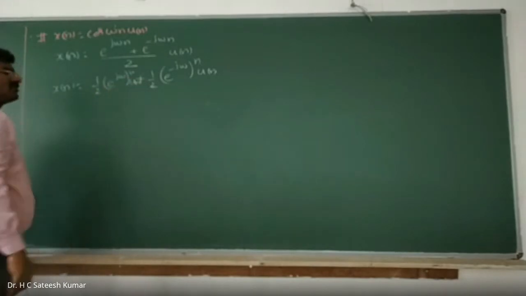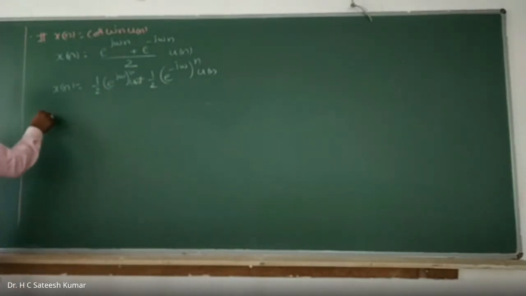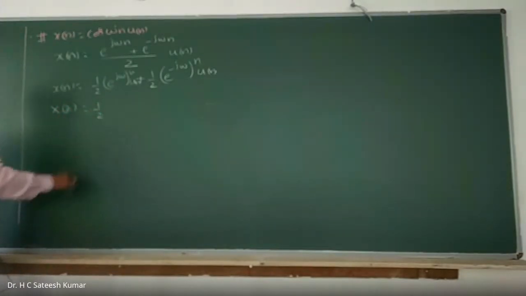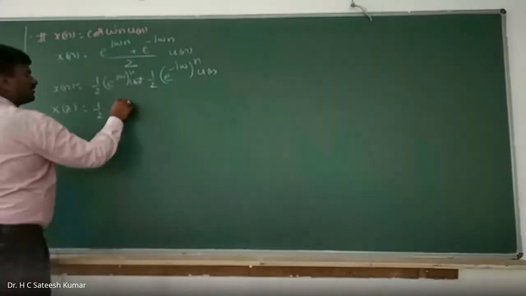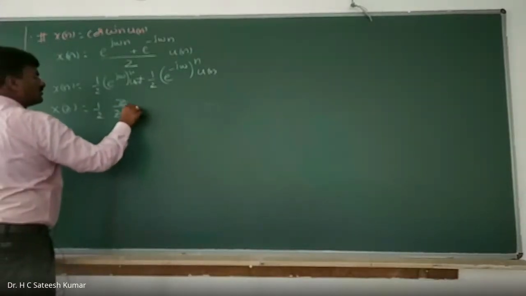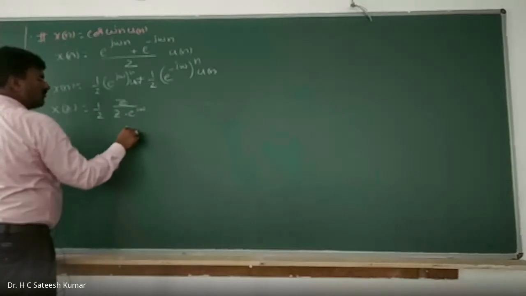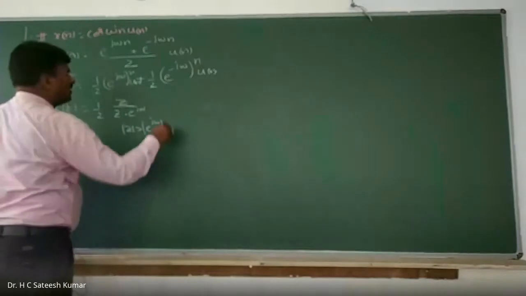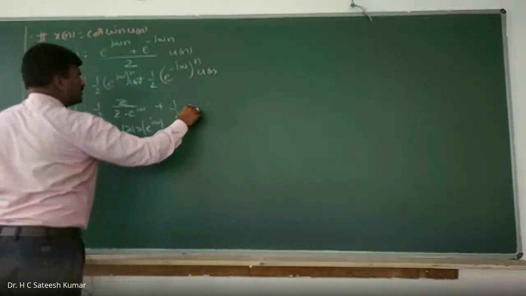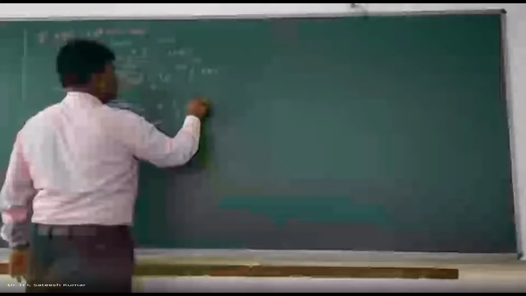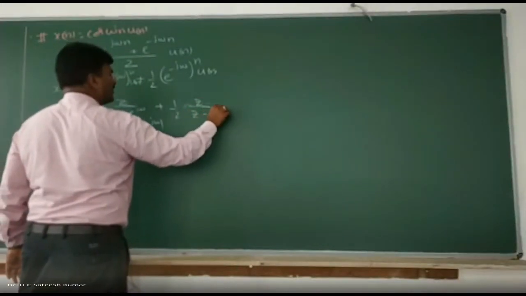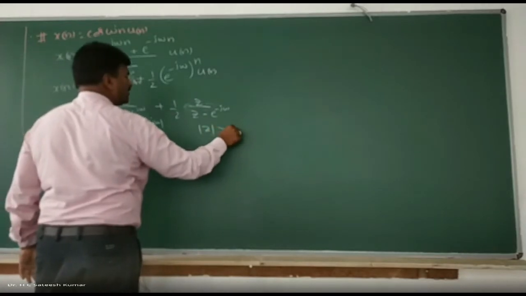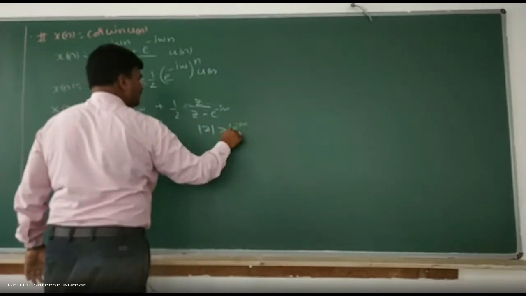This is a standard relation, no? A power n into u of n format now. Therefore, the z transformation of it: X of z is equal to 1 by 2 into z divided by z minus e to the power of j omega, with ROC mod z greater than magnitude of e to the power of j omega, plus 1 by 2 into z divided by z minus e to the power of minus j omega, with ROC mod z greater than magnitude of e to the power of minus j omega.